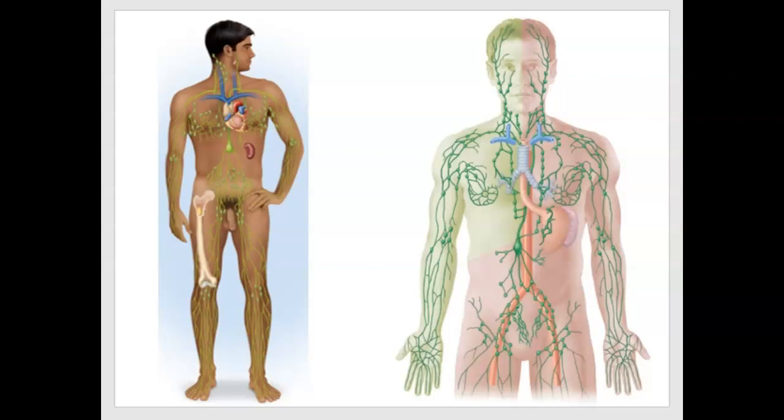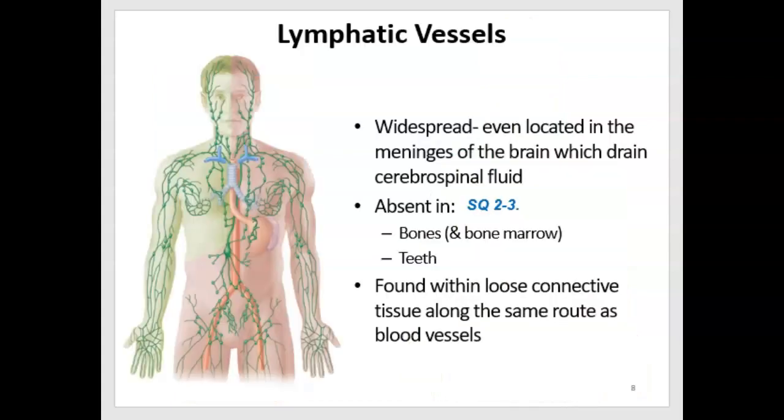So these lymphatic vessels that surround the brain will drain cerebrospinal fluid. It's kind of interesting. And this slide just says everything that I just said, so that you can answer study question 2-3.